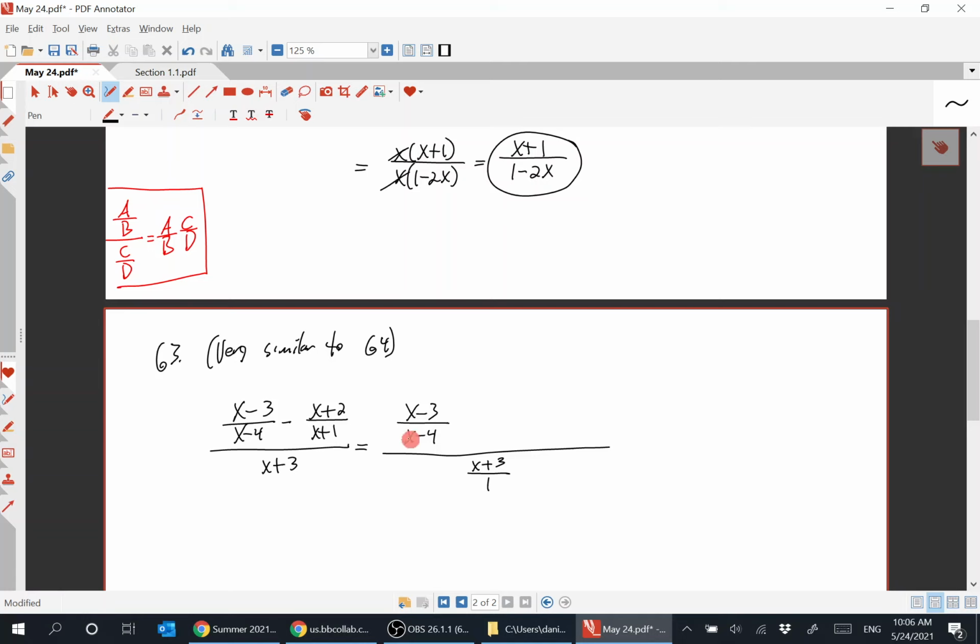So what can I do to get that missing factor of x plus 1 on the bottom of this fraction? What should I multiply it by? Well, I always multiply by 1. But how am I going to write the 1 in order to get that missing factor of x plus 1 on the bottom?